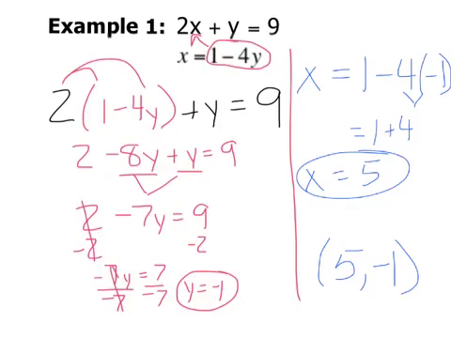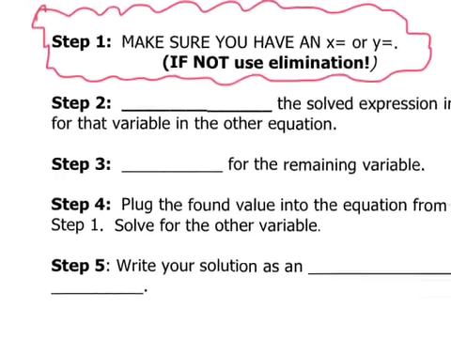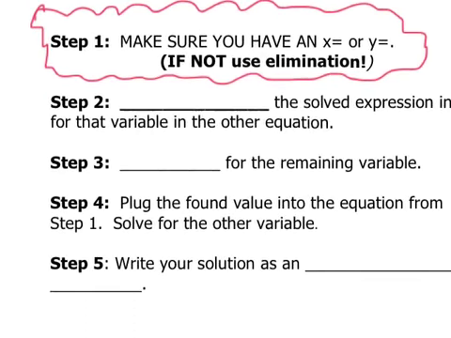Okay, and when do we use substitution? When we have an x equals or a y equals, right? So let's fill in our steps really quick, because I know some of you are list people. I make sure I have an x equals or a y equals. After that, and this is where it gets its name, substitute the solved expression in for that variable in the other equation.